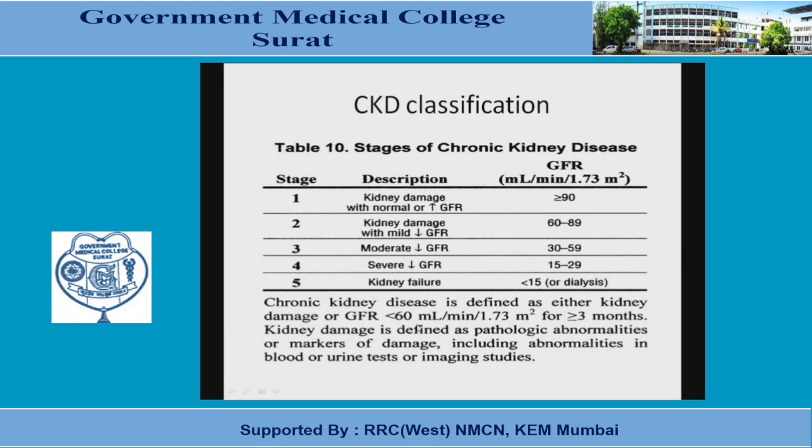So that is the two possibilities: gross appearance of renal disease or renal damage, or estimating the GFR. Stage 3 is 30 to 60, stage 4 is 15 to 30 ml per minute, and in the last stage, end stage renal disease, it is less than 15 ml per minute. So that is the classification of CKD.